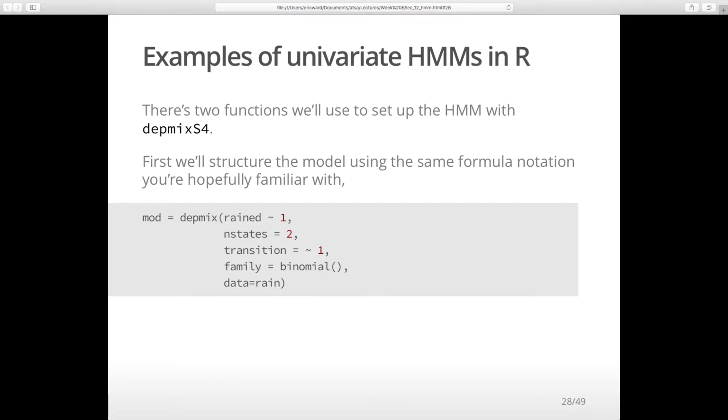For the transition matrix, we won't include any covariates in that formula, so we'll just have tilde 1 representing the intercept-only model. Our family argument here will be binomial because we have this categorical response, 0 or 1, depending on whether or not rainfall occurred. And then the data frame is this rain data frame that we read in previously.